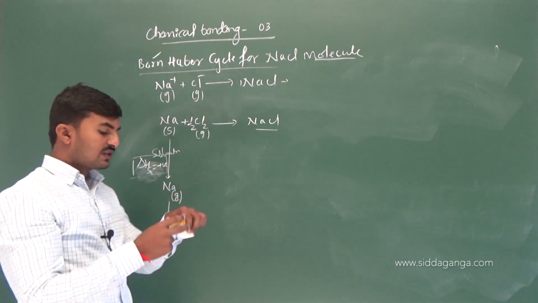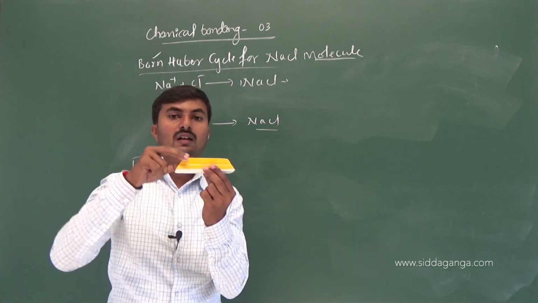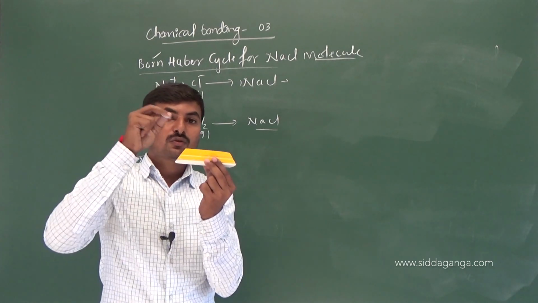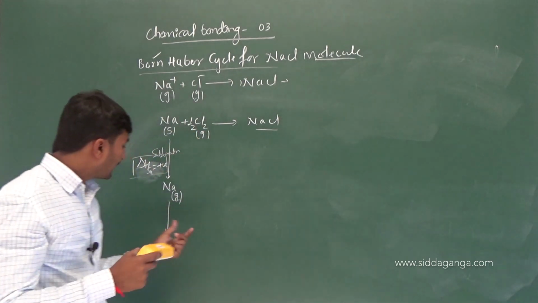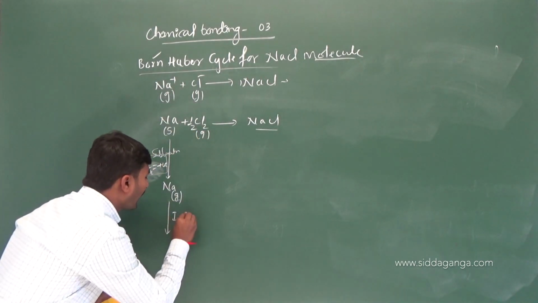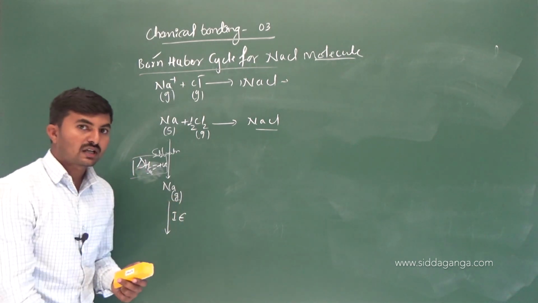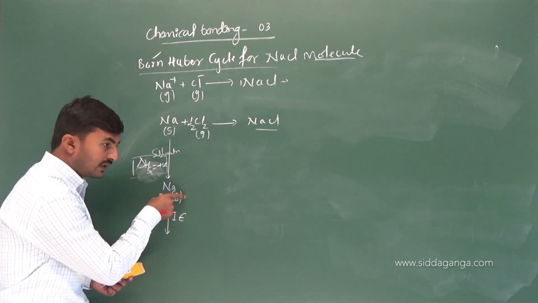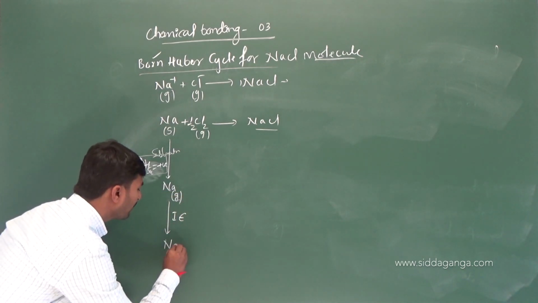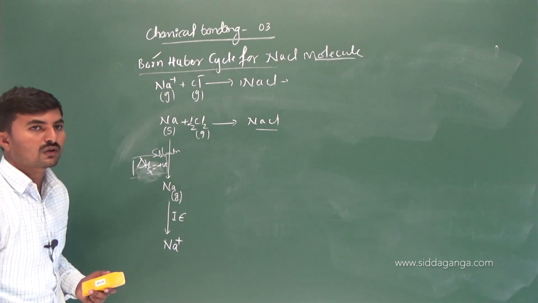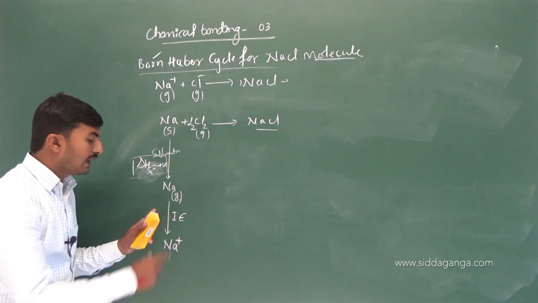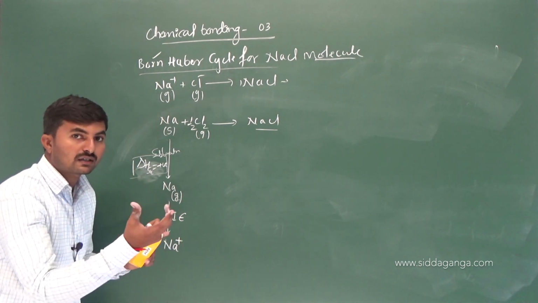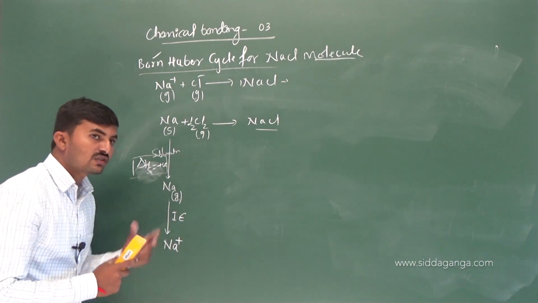When we remove an electron from a gaseous atom, we have to apply some amount of energy. That energy is nothing but ionization energy, where the sodium atom is converted into sodium ion after the loss of one electron.